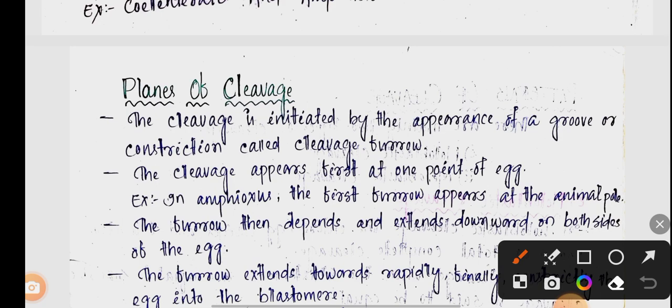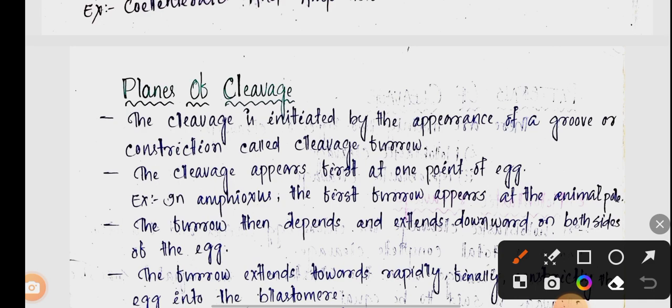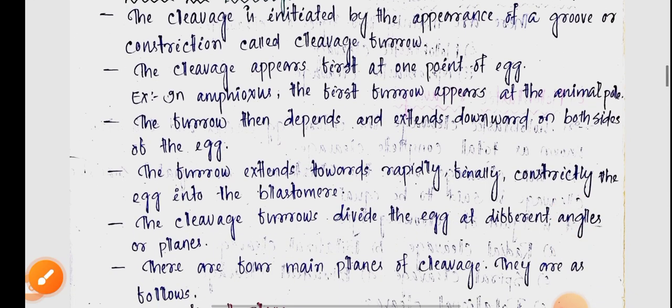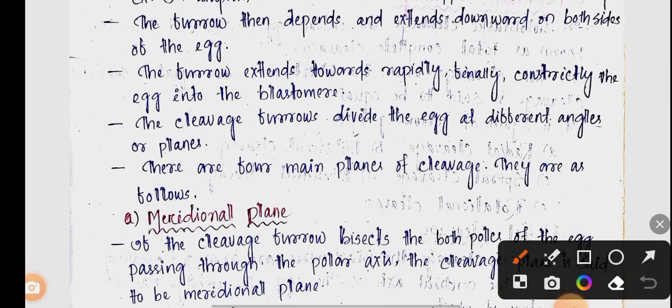The furrow then deepens and extends downward on both sides of the egg, finally constricting the egg into blastomeres.